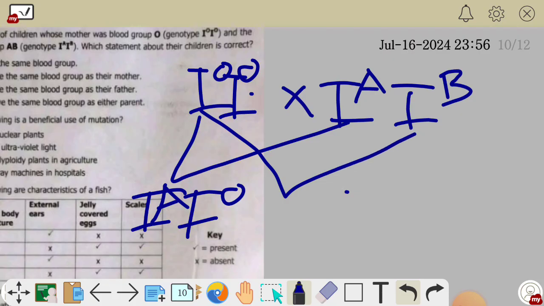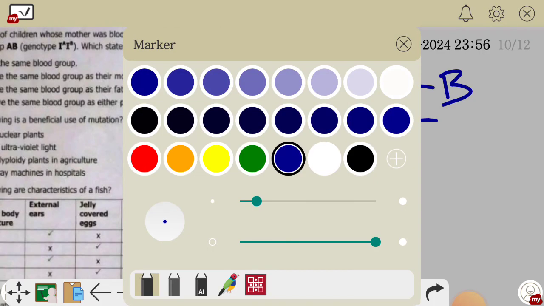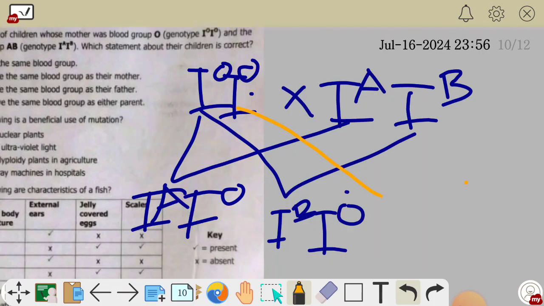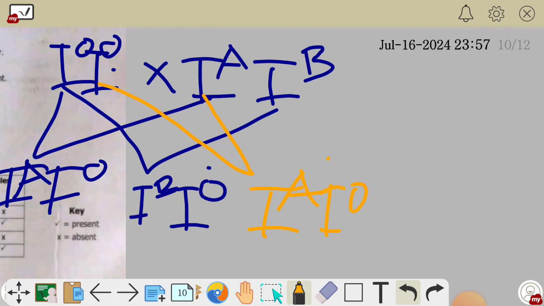Then if this one crosses with that, we are going to have blood group B in this case. But if this other one crosses with that, we are going to have blood group A in this case. Then if it crosses with this one, we are going to have blood group B.